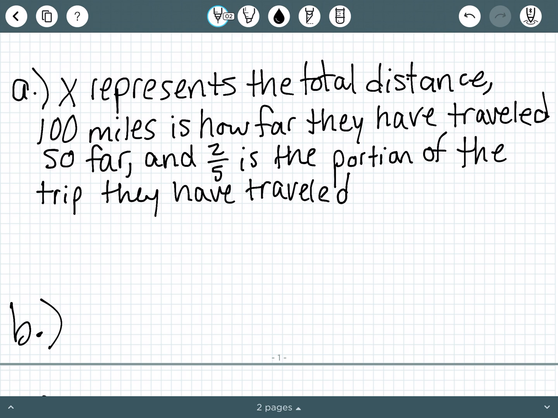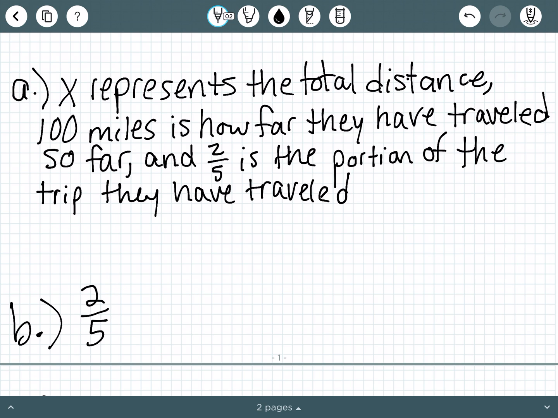All right, let's look at B. What equation could represent this situation? Use the scale factor or multiplier to represent this situation in an equation. Let X represent the total distance in miles. So again, if we're using our scale factor or our multiplier to represent this situation in an equation, that scale factor is 2/5.